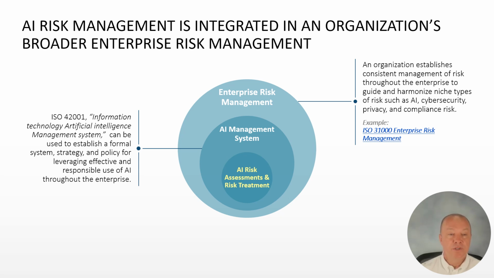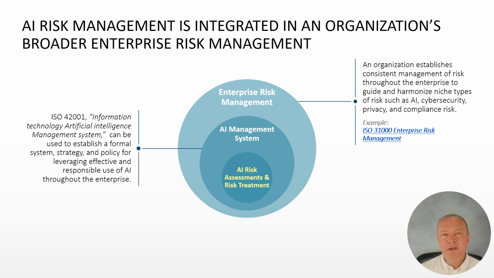This can be used to establish a formal system, strategy, and policy for leveraging effective and responsible use of AI throughout the enterprise. After all, you're going to need to scope this. You'll need to assign roles, responsibilities, tasks. You'll need to fund the management of AI in your organization. Where can you get a plan for putting all of that together? That is ISO 42001. That's its purpose in life.